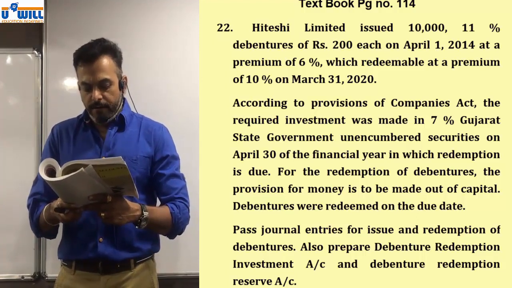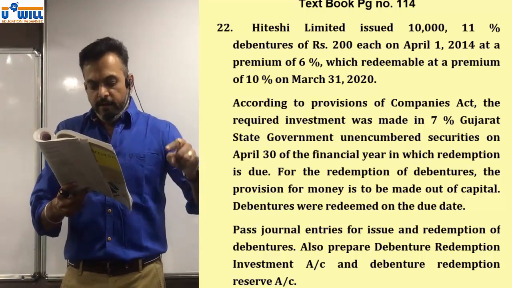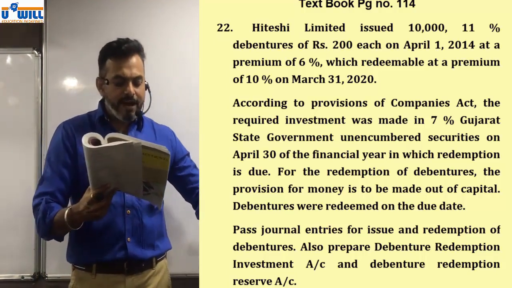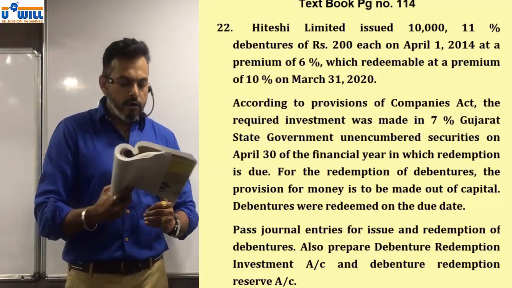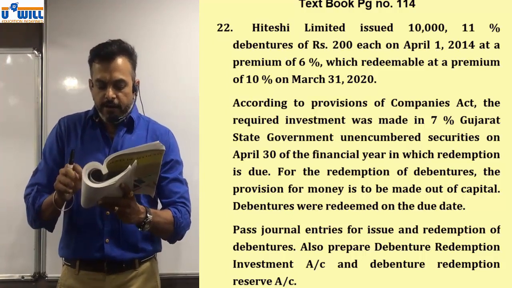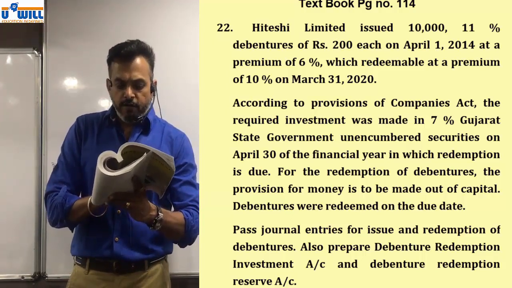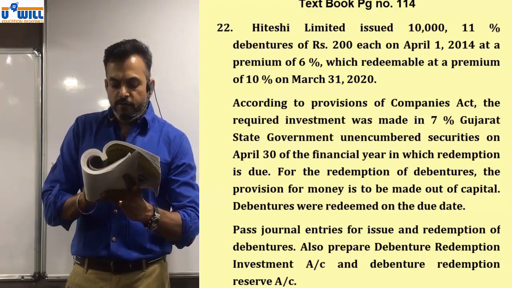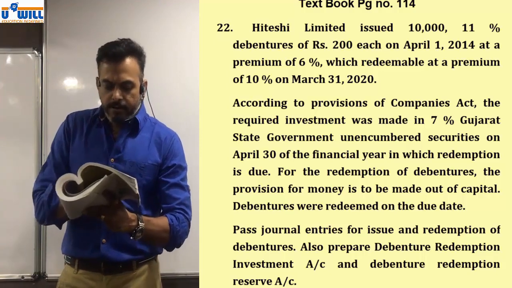According to provision of Companies Act, the required investment was made in 7% Gujarat state government unencumbered securities on 30th April of the financial year in which redemption is due. For the redemption of debentures, the provision for money is to be made out of capital.